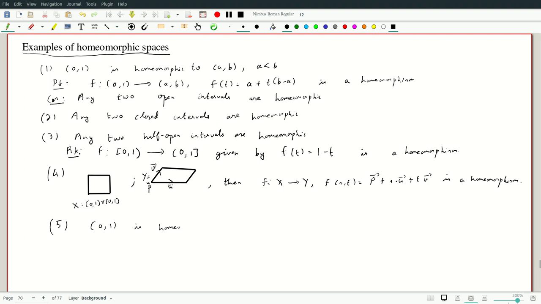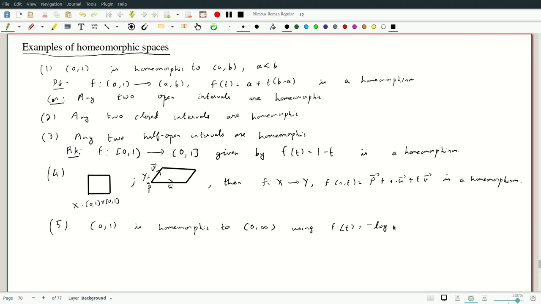An open interval, but not a closed interval, is homeomorphic to R. Well, first let's just take half of R, (0, infinity). Using what function f of t, I want to send (0, 1) to (0, infinity). If I look at log of a number between 0 and 1, it is negative.